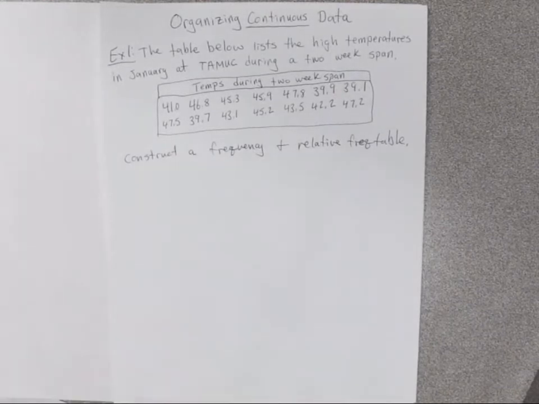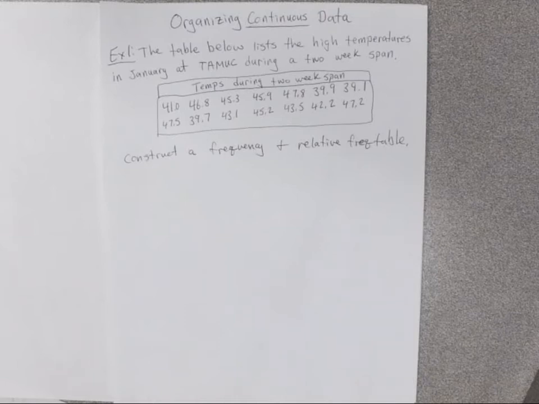Okay, so this is where the difference comes in. When we were talking about discrete data, such as rolling a die or flipping a coin, we have a set number of outcomes that are possible. So for rolling a die, it was 1, 2, 3, 4, 5, or 6. Here, we have decimals.